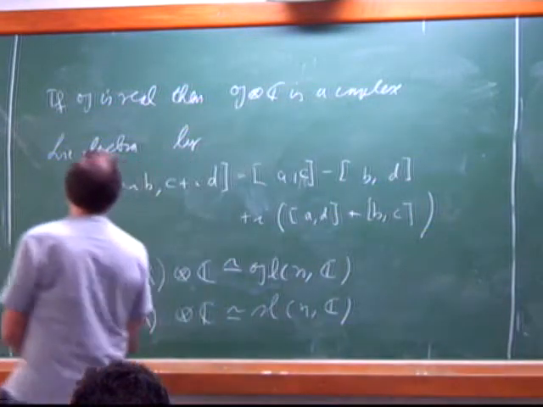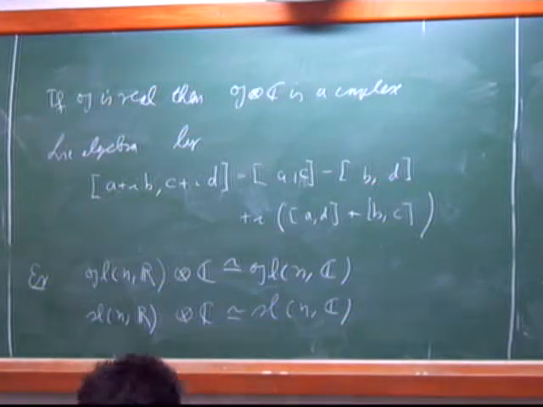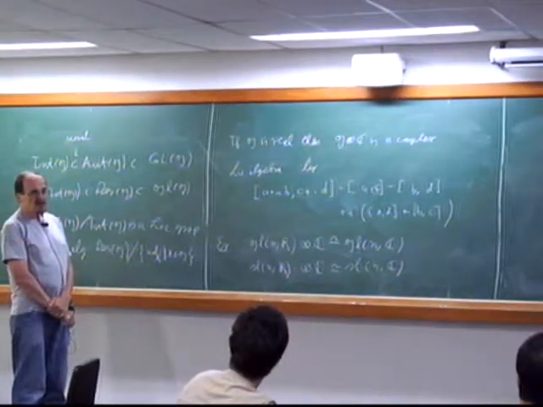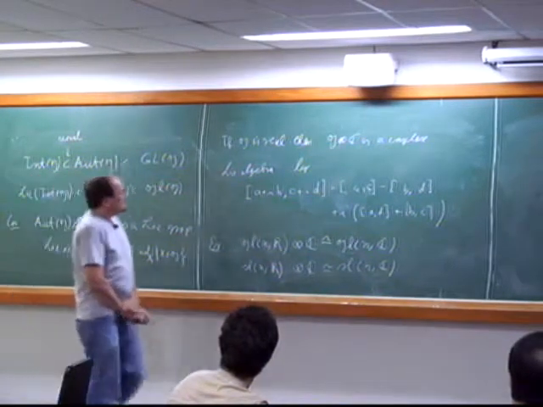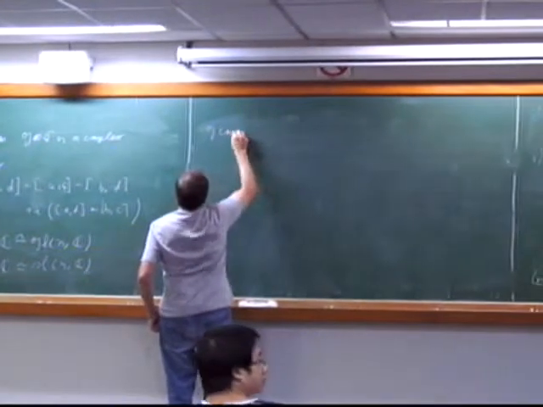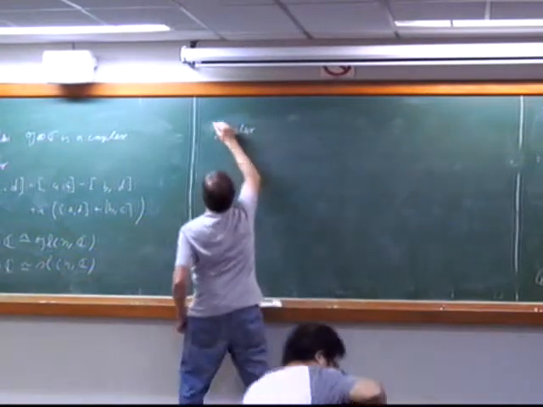So to go backwards is not so obvious, right? If I take a complex Lie algebra, can I write it as a complexification of a real one or not? So we'll say G is complex. So definition again.